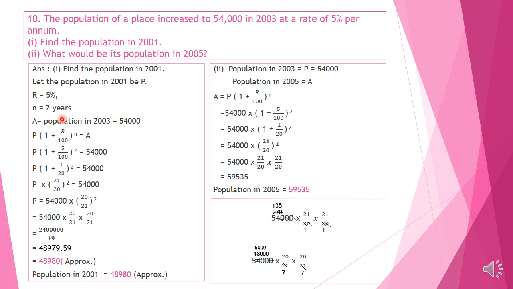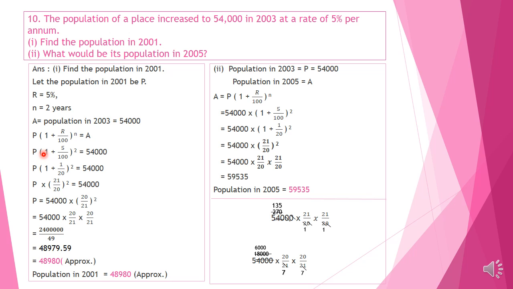And population in 2003 we are taking as A. It is 54,000. Now let us use the compound interest formula for finding the population. Okay. So we use compound interest formula, and we take P on the left side, because we have to find P. P into 1 plus R by 100 raised to N is equal to A. Let us substitute the values.